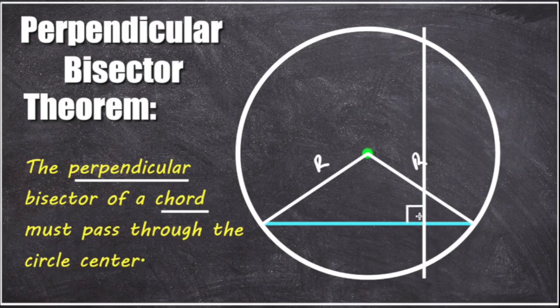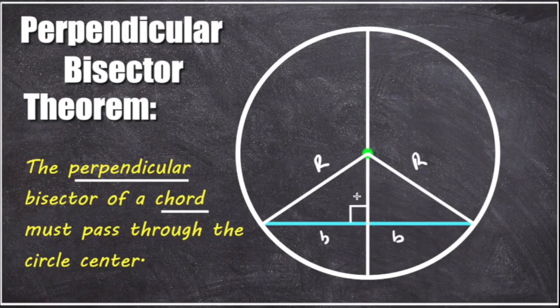The only perpendicular line that can pass through the center of the circle must be the same line that is perpendicular to the base of the isosceles triangle and passes through the vertex that's opposite the base, because the vertex that's opposite the base in the isosceles triangle is at the same point as the circle center. And we already saw that the only line that's perpendicular to the base in a triangle and that passes through the vertex opposite the base is the one that's a perpendicular bisector of the base, and the perpendicular bisector of the base is really the perpendicular bisector of the chord.